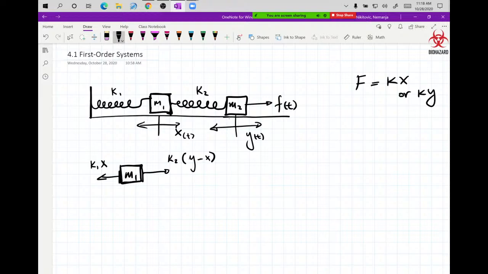So it will always be the difference y minus x when you have the two objects in between, because they always want to go the opposite way. You stretch the spring, the spring wants to compress; you compress the spring, the spring wants to stretch. So these objects will always be in opposition because they are connected with a spring.